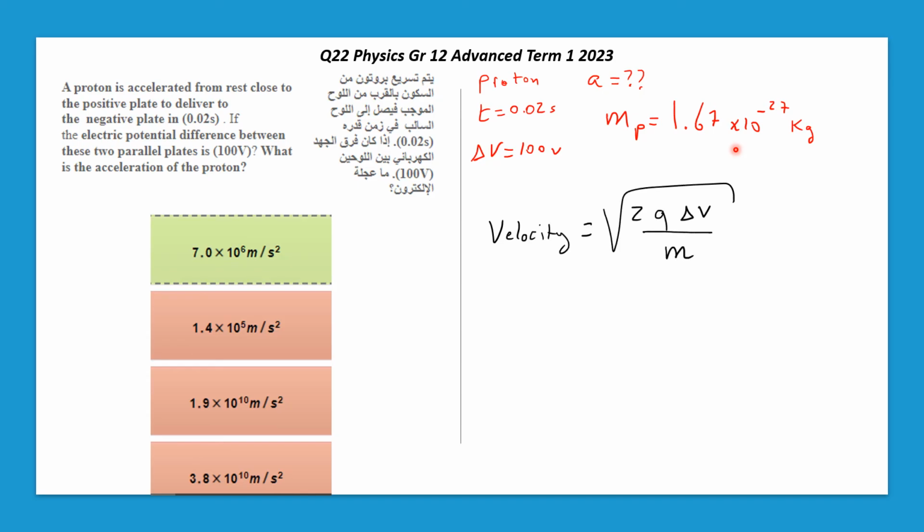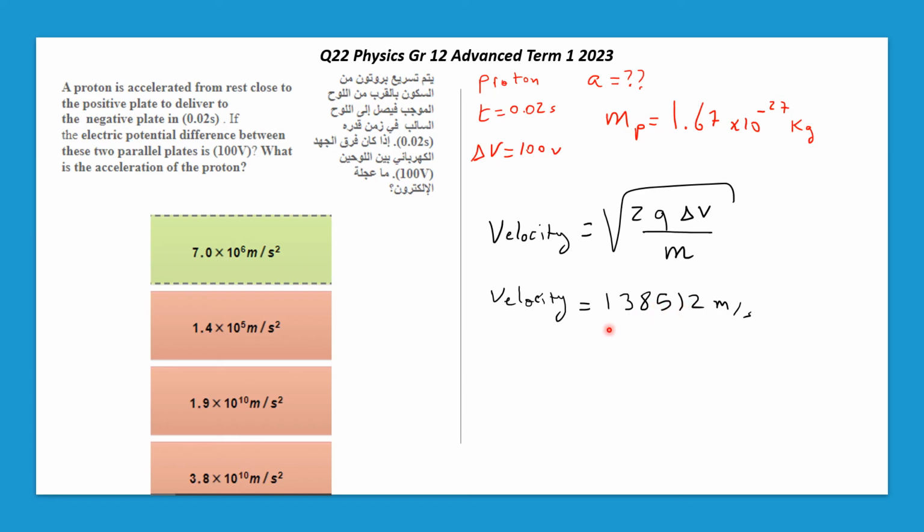To calculate the velocity, there is an equation in the book that says velocity is equal to the square root of 2q multiplied by delta V over the mass. q is known because it's a proton, so we replace q by 1.602 by 10 to the power of minus 19, delta V as 100 volt, and the mass of the proton by that value.